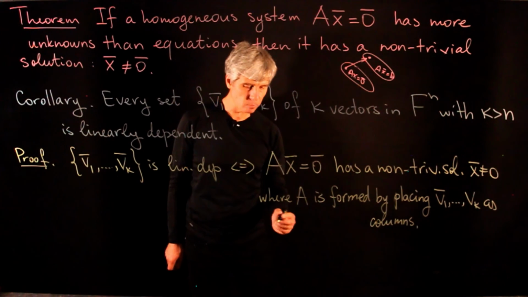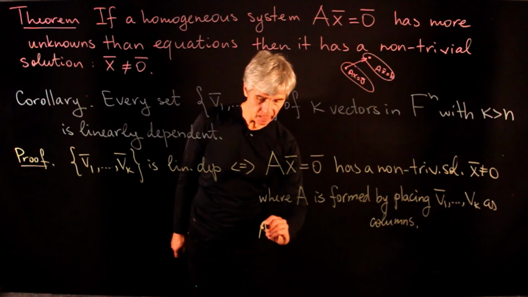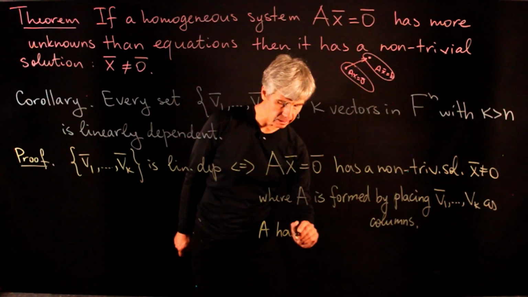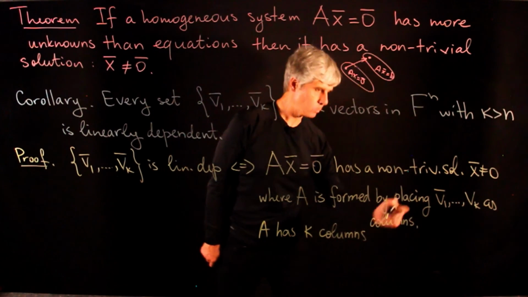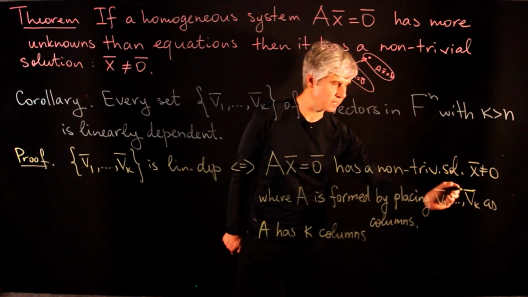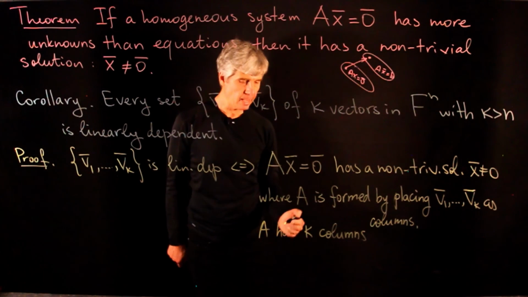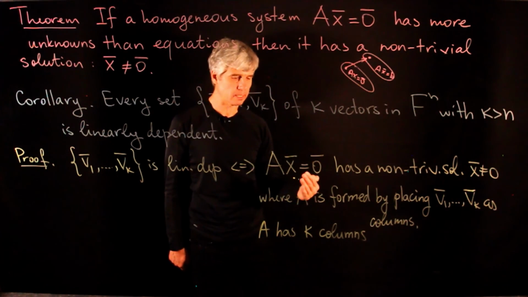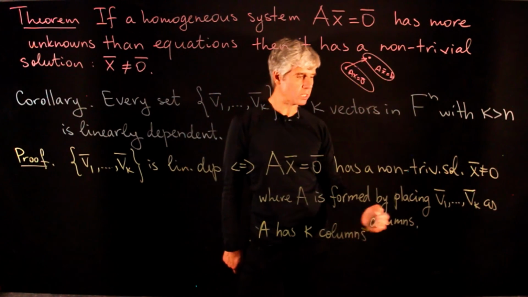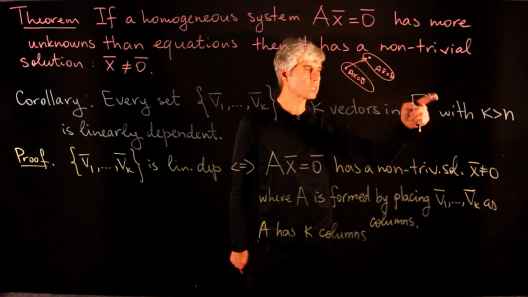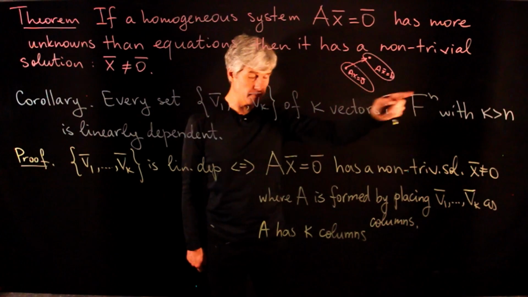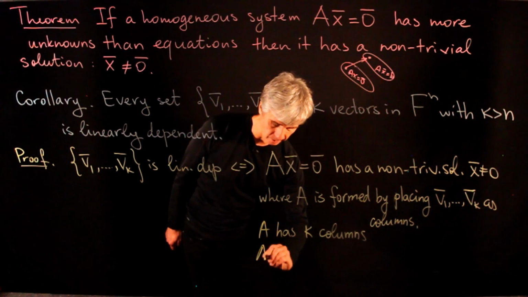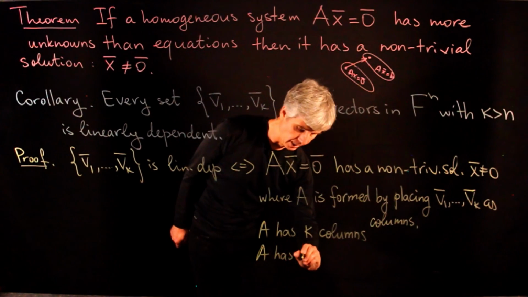And what is the size of matrix A? So A has k columns. Right? So this is how we formed it. We placed k vectors as columns. And how many rows does it have? So the number of rows is equal to the number of components in this Fn, right? So A has n rows.